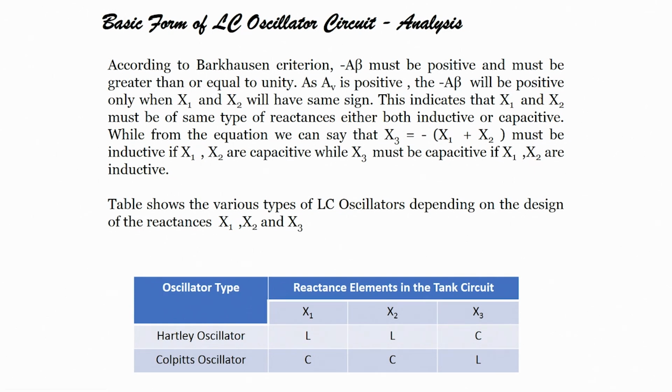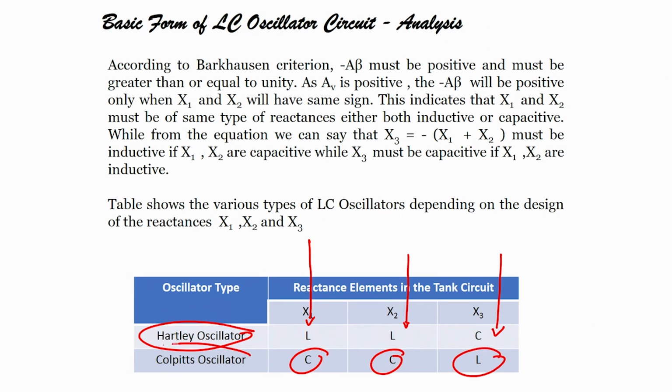And what we understand from here is, if I have x1 and x2 equal to L and x3 equal to C, then it will be my Hartley oscillator. If I have x1 and x2 equal to C and x3 equal to L, then I will have the Colpitts oscillator.